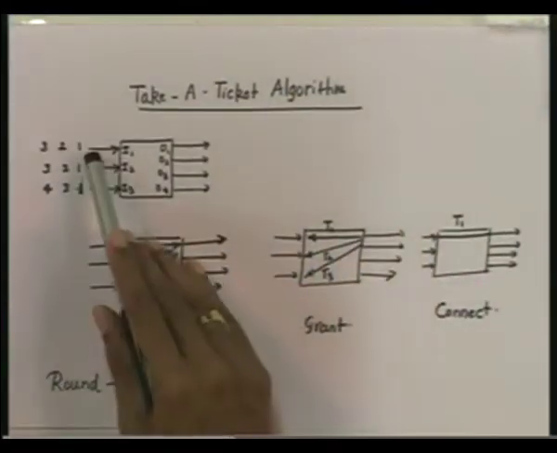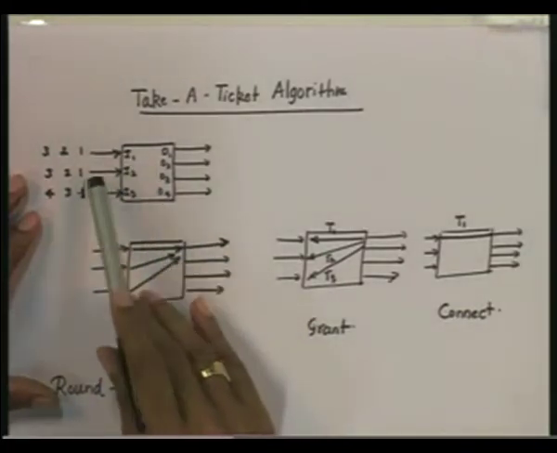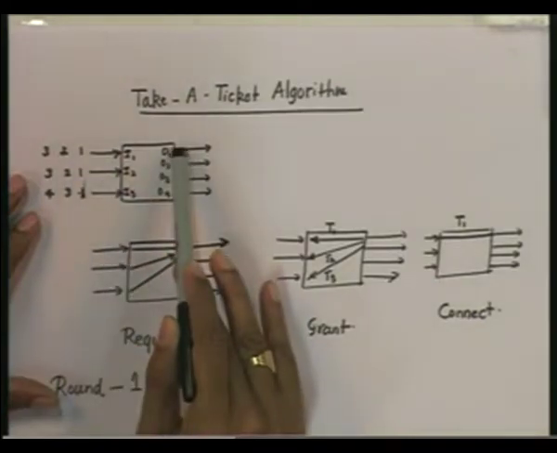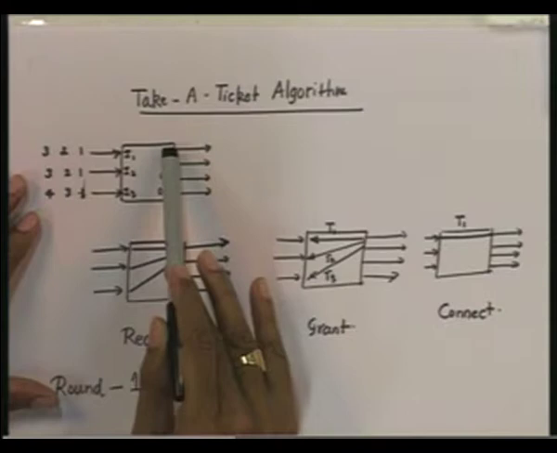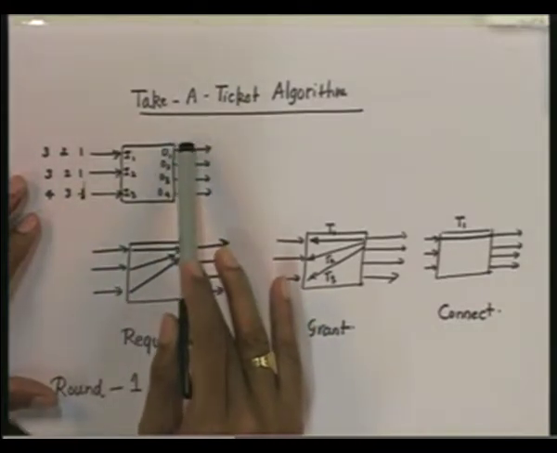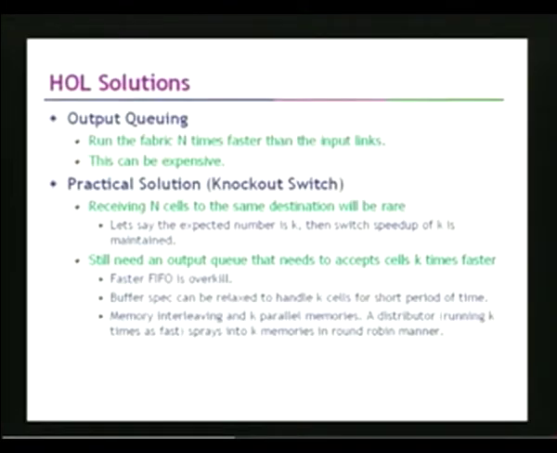So, if you look at our previous example, if the switch is run 3 times faster, then in the first time slot itself, all the 3 packets could have been switched to the output port 1. Of course, output port 1 cannot transmit these packets simultaneously, so these packets will have to get queued at the output queue. This is what is called output queuing. So output queuing is one of the solutions to HOL blocking, but however, this can be extremely expensive. Okay.